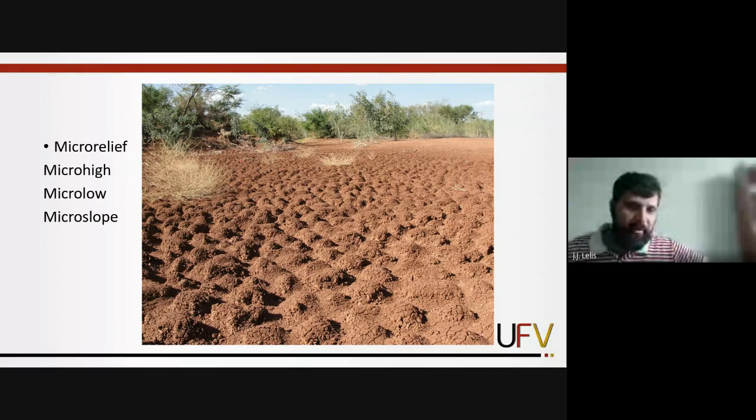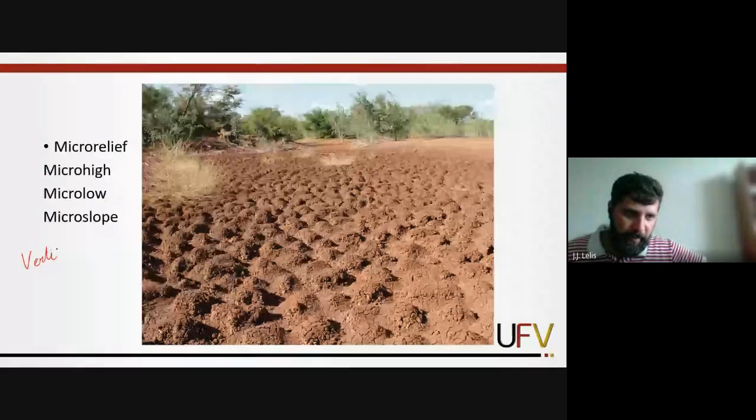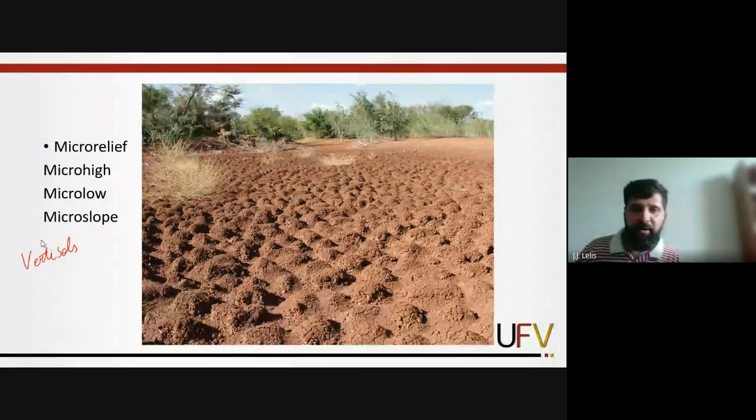They are quite common in the vertisols, because these vertisols have a lot of clay, and especially a lot of high activity clays that shrink and swell very intensely. And they create this kind of relief, but a micro relief. It's not formed by biological activity. It's just a shrink and swell process.